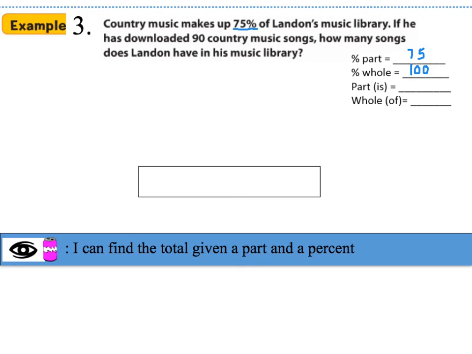And then it says if he has 90 country music songs in his library. Well, 90 is his part of the music in his library. It's not all of it. It's just representing the country, so it's part of it. We want to know how much he has in his music library total. So we don't know the total amount, or we don't know the of. So our job is to figure out what X is worth.